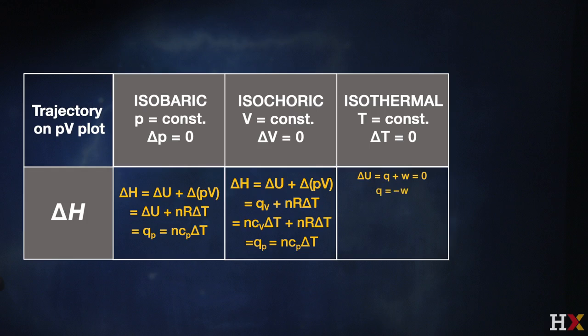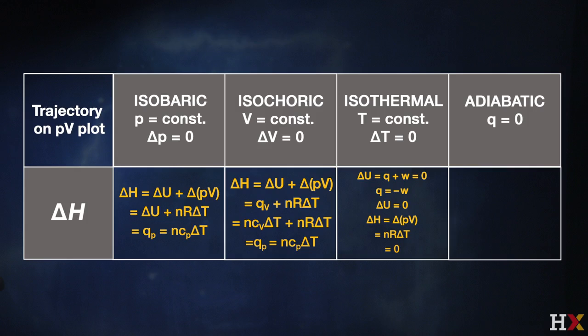And so we have delta H is equal to the change in the product of pressure times volume, because we know that delta U is equal to 0, so it drops out of the first law, and lo and behold, we have delta H is equal to nR delta T, but delta T is 0, so delta H is identically equal to 0 for the isothermal trajectory.